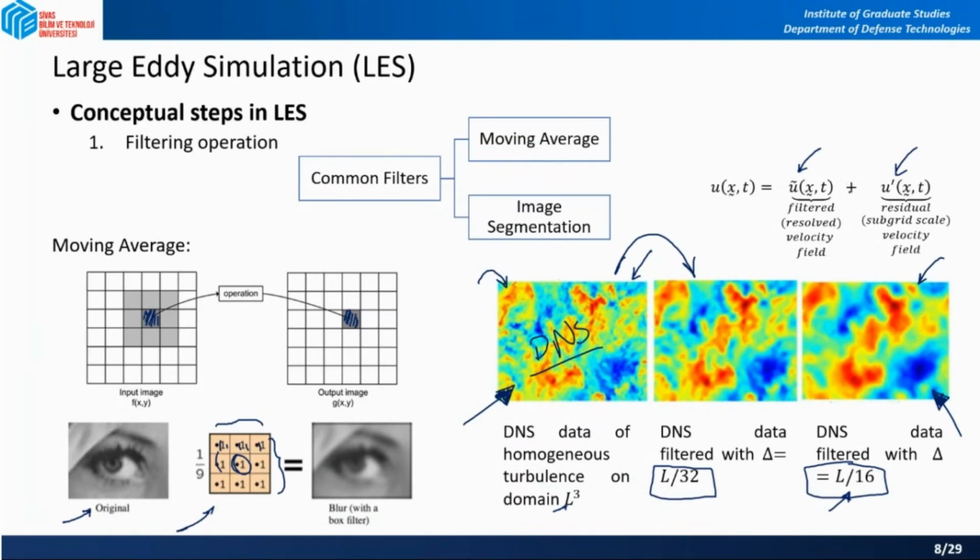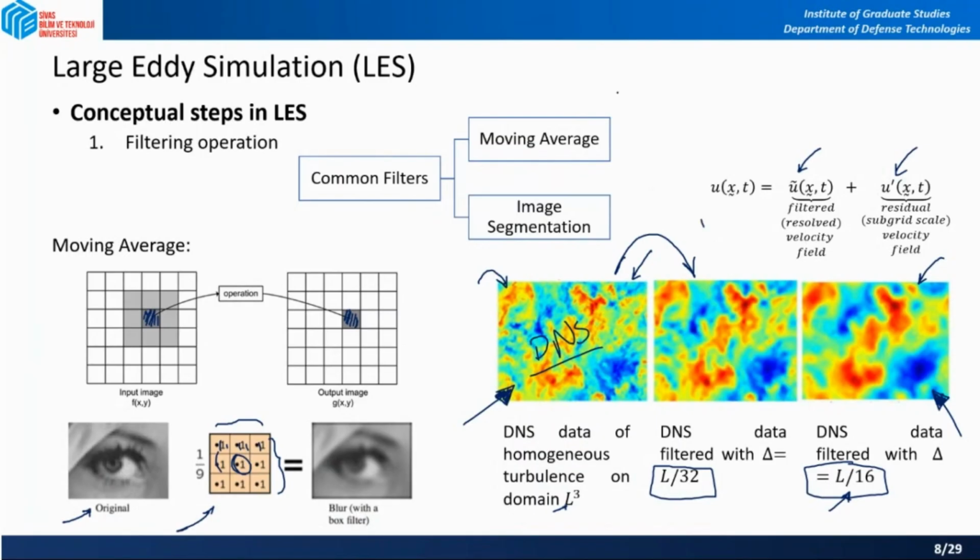And what I mean by SGS, subgrid scale: when you're numerically trying to solve the equations in LES, your grid has a certain resolution, and it will be able to resolve some large scales, but it cannot resolve the other, smaller scales.